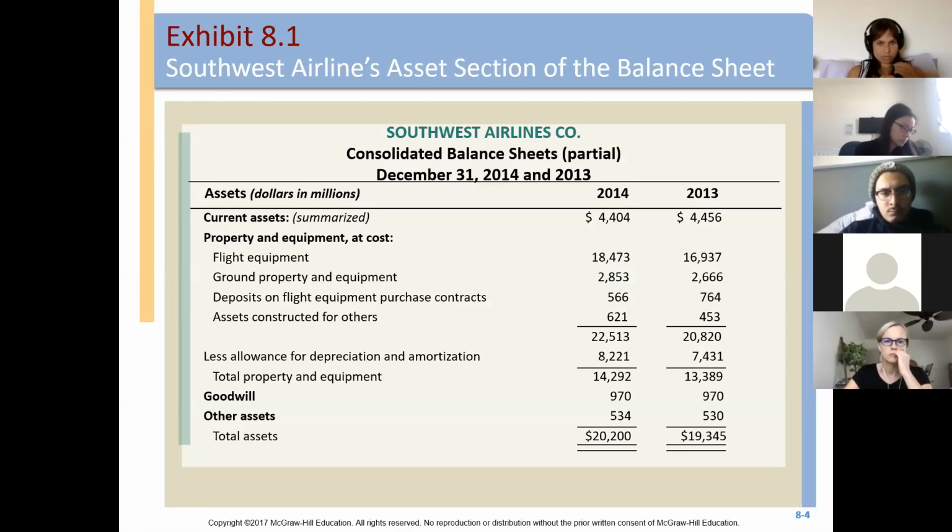And here's what a typical balance sheet will look like for this section, huh? Southwest Airlines, after their current assets are done, they go into their fixed assets. They have flight equipment, that must be planes, I guess. Ground equipment, that's all the carts and trucks those baggage handlers are dragging around. Then they had to make some deposits.